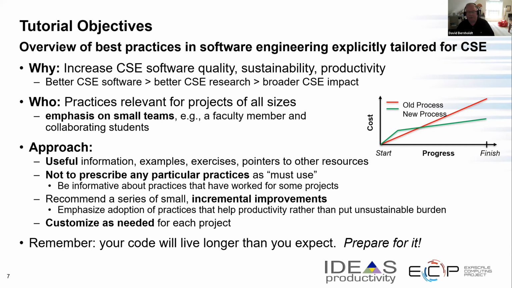Something else you'll hear several times throughout this tutorial is that we recommend undertaking a series of small incremental improvements to build up your software practices and improve your processes. We think that can help you get to better software practices in a stepwise fashion rather than having to take some huge step all at once. And of course, you should customize these practices as needed for your project.